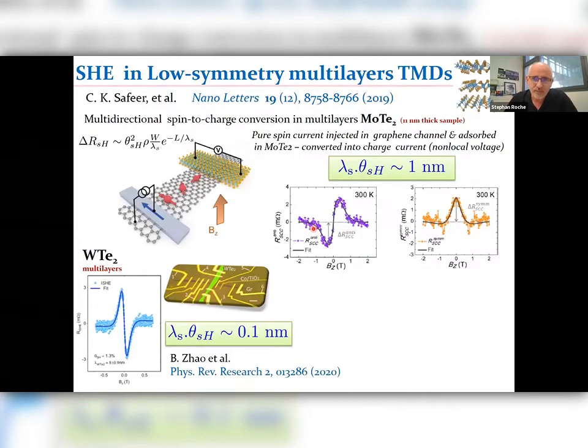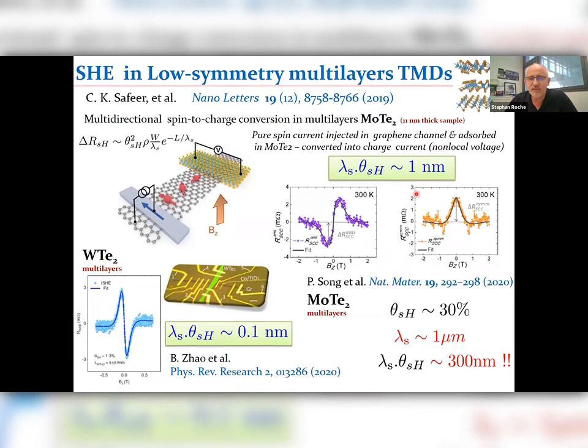More recently, people have found that transition metal dichalcogenides could offer some new value for spintronics. In particular, materials like molybdenum ditelluride or tungsten ditelluride were investigated, and interestingly, as you see here, in different works, they found sizable products of the spin diffusion length times the spin-Hall angle, but yet in the order of this interface.